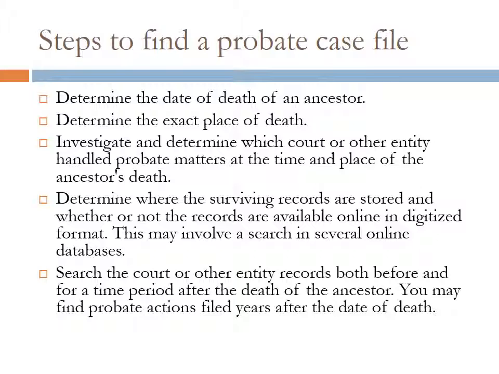So my rule, of course, is that you look for probate records from the date of death until the present, but that's a little excessive, at least until the possibility of finding anything after years and years is no longer available.